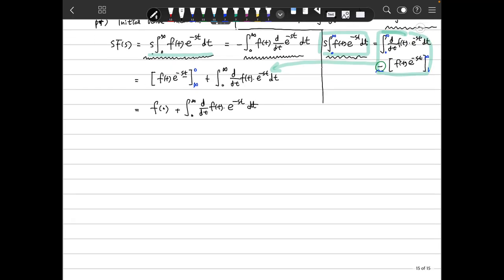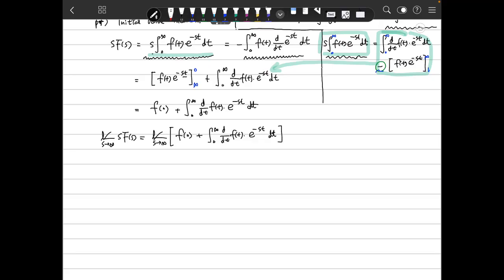After that, if we take s to infinity, s F(s) is the limit as s goes to infinity of f(0) plus the integral from 0 to infinity of d/dt f(t) e^(-st) dt.